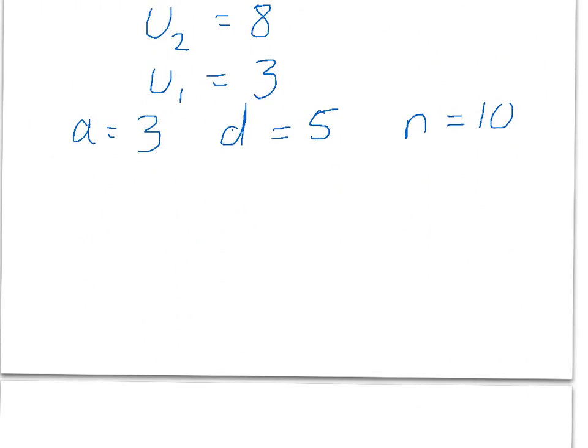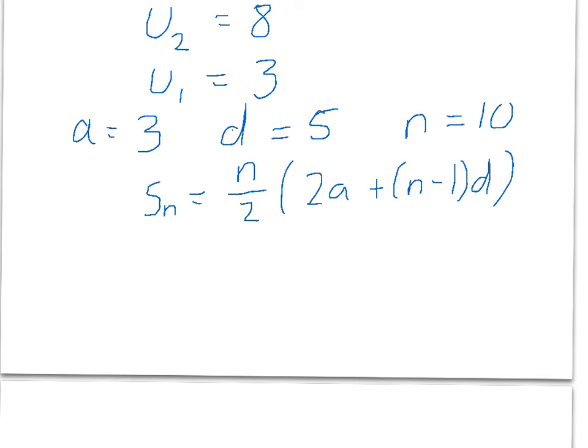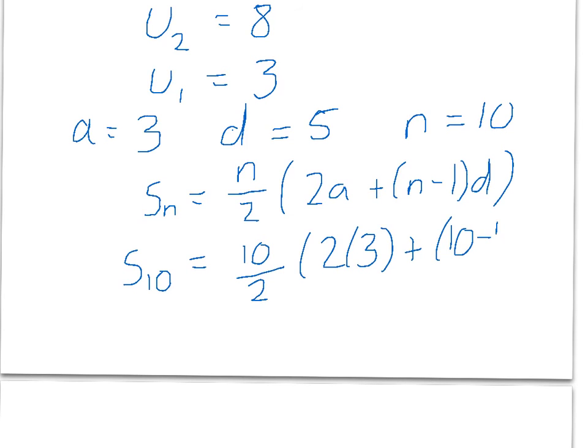So write down our equation again. S_n is equal to n over 2 times (2a plus (n minus 1) times d). So we're finding the sum of the first 10 terms, so 10 over 2, times (2 lots of a, plus (10 minus 1) times 5).